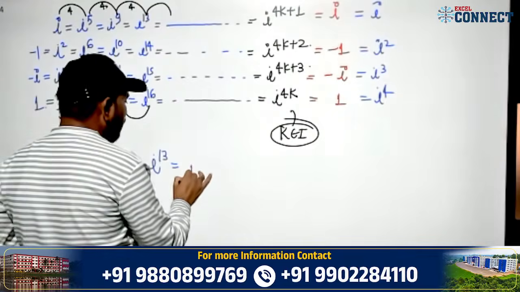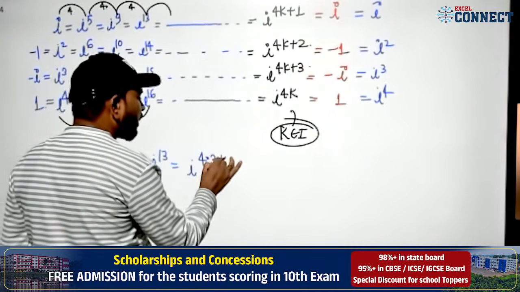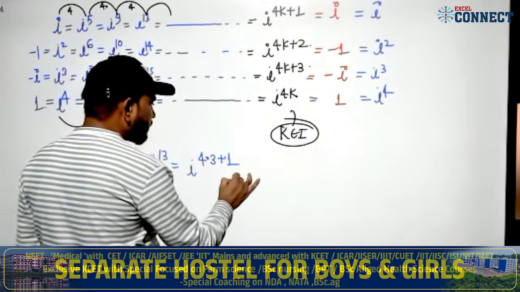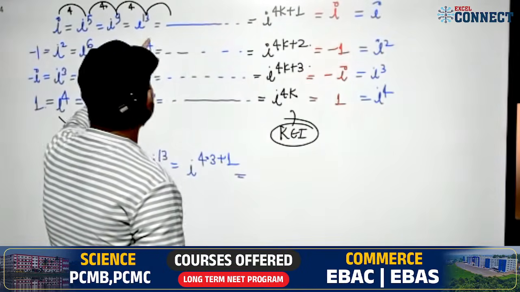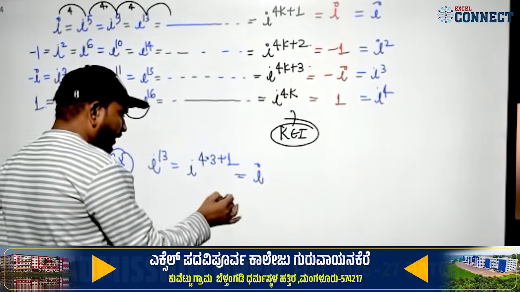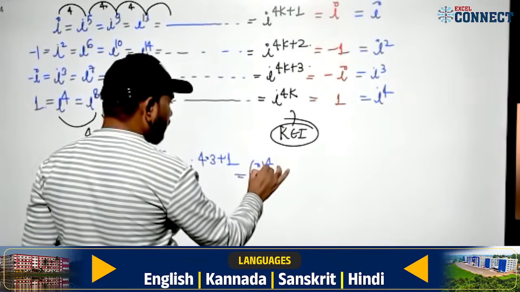So I can write 13 as 4 into 3 plus 1. Yes or no? This is the 4n plus 1 format. See, 13 is coming, so it means i is coming only. If I write, I power, I can write it as i power 4 into 3.